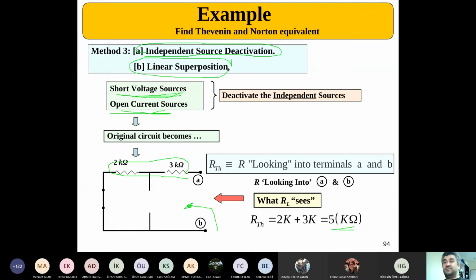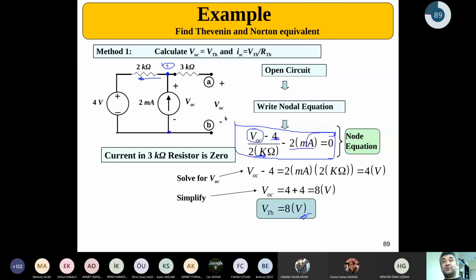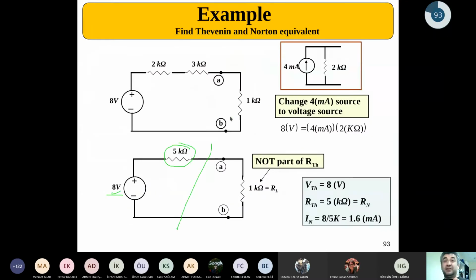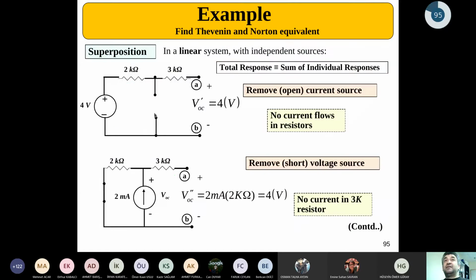But to find the Thevenin voltage or the Norton current, we'll use something called superposition. We could have just calculated the open circuit voltage and found VTH, but we already did that. That's why I'll try to use some other methodology here, so you can also learn this one. Superposition means that you put only one current or voltage source in the circuitry, and use an equivalent circuitry for the rest of them.